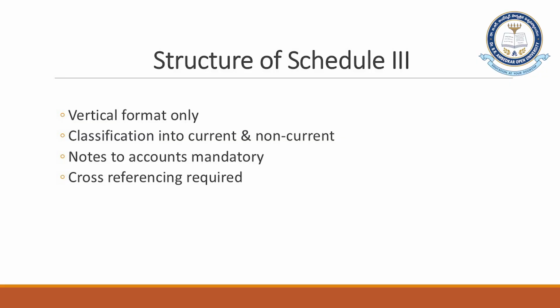Structure of Schedule 3: all the formats, be it the balance sheet or the statement of profit and loss, should be followed in vertical format only. What is this vertical format? Earlier, a T-shaped balance sheet or profit and loss account was maintained, where on one side there were liabilities and on the other side assets.